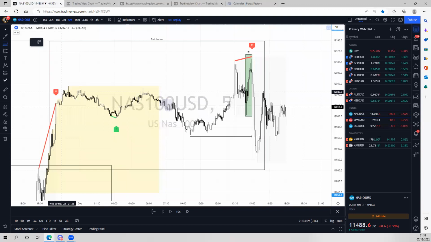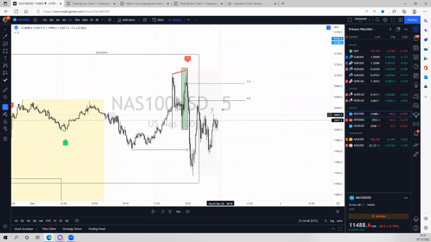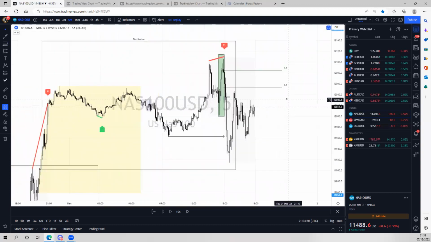What I would do is mark my 50 and 80, which it has not reached, and see if price comes into there and gives me a distribution. Distribute in this area to then break the low, or if not that, then this turns into a redistribution, breaks the low, and I'll look for an entry out of here.